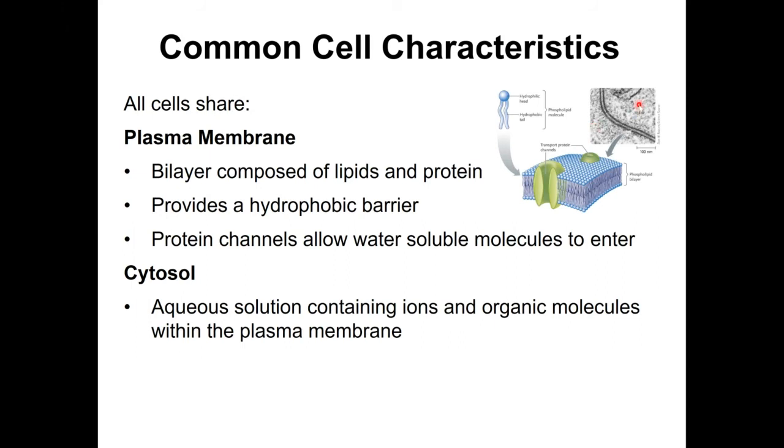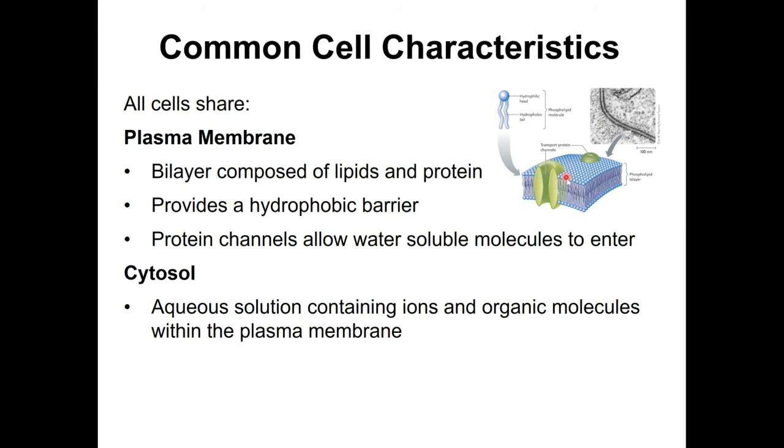Now, the internal environment in all cells contains a liquid fraction, which is referred to as the cytosol. This is the aqueous solution, which has the ions and all the organic molecules, proteins, carbohydrates, and so on, which are within the plasma membrane. So if this is the plasma membrane, this is the external side.